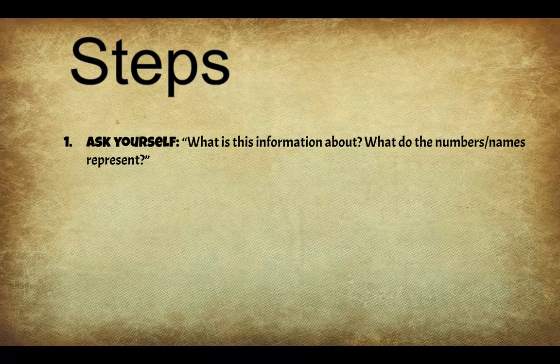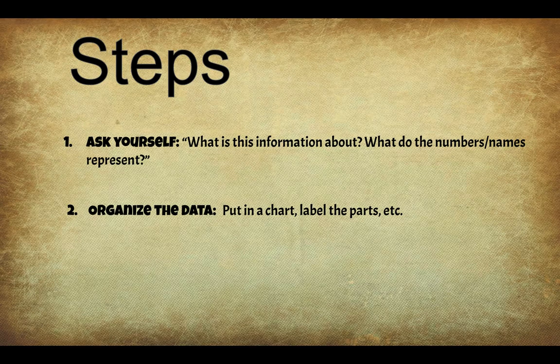So here are some steps that you can take when interpreting data from a line plot. Ask yourself, what is this information about, and what do the numbers or names represent? Organize the data. After you can make sense of what the data is, you can put it in a chart and label the parts.